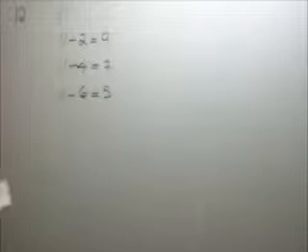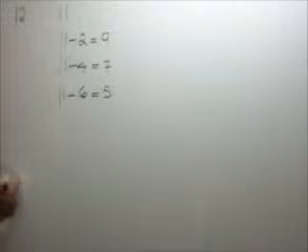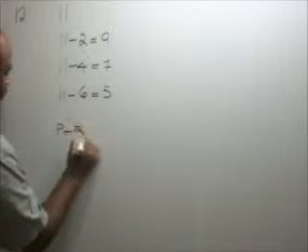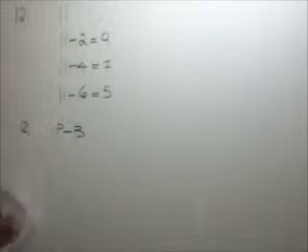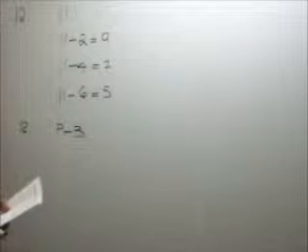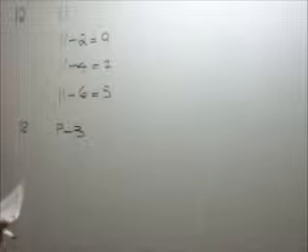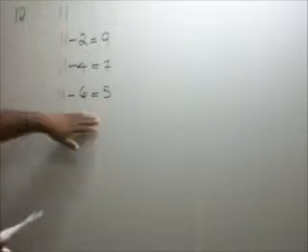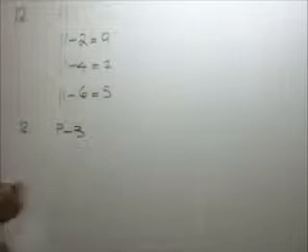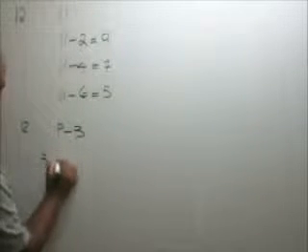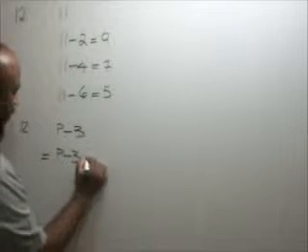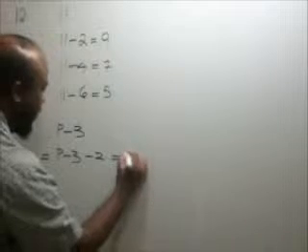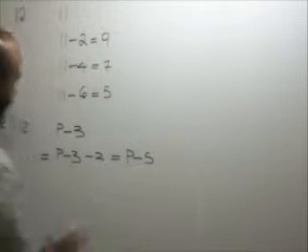In question number 12, we're told that P minus 3 is the largest of 4 consecutive odd numbers. Then the smallest is, very similar to what we just did before, the one before this is going to be P minus 3 minus 2, which is equal to P minus 5.